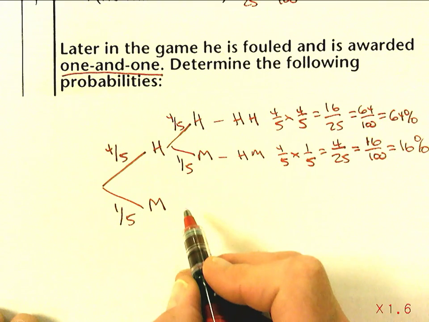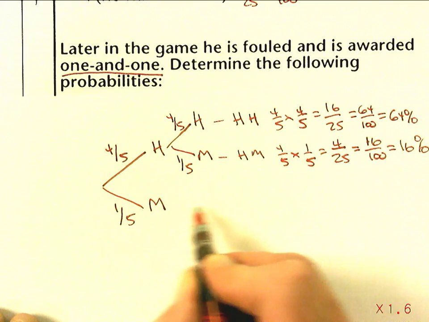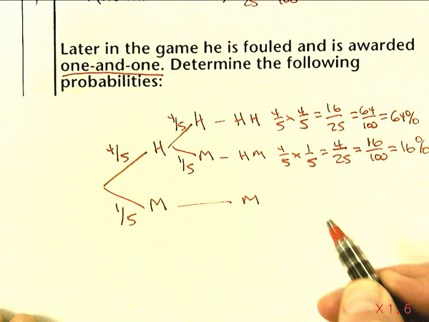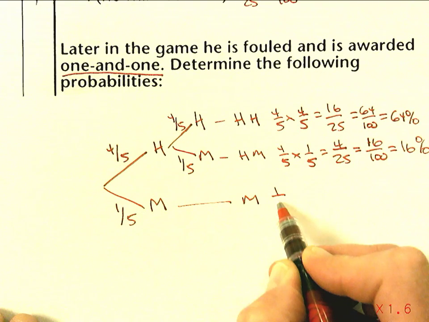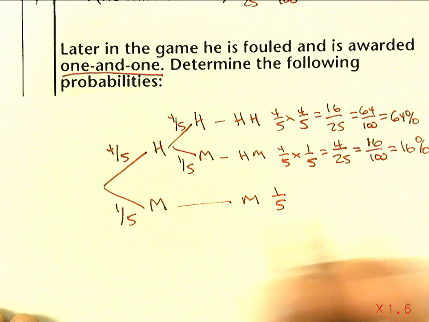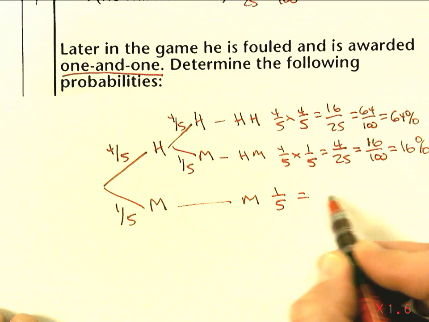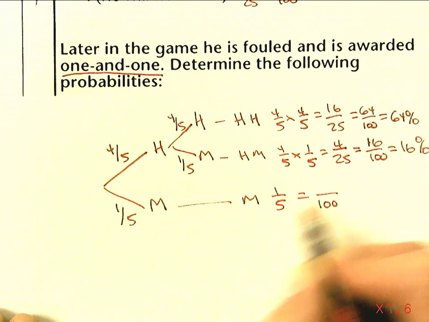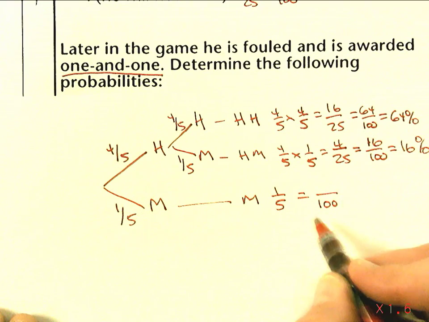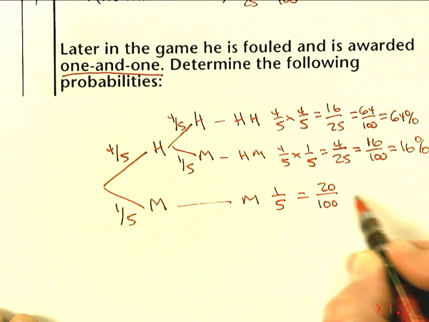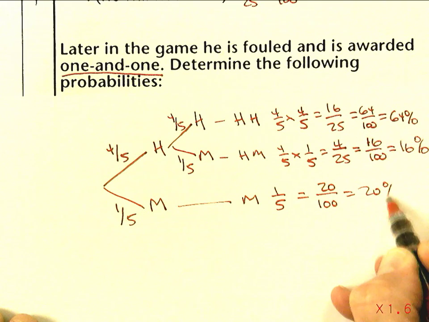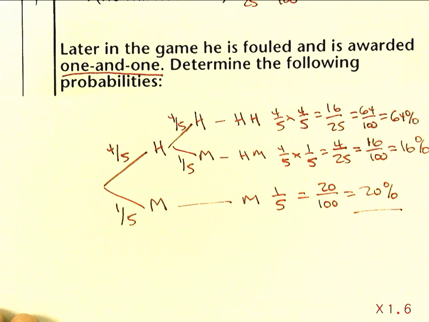But then this branch just ends, and so this scenario is just simply miss, which is 1/5 of the time he misses. And again, I can change that into a fraction out of 100. 1/5 times 20, so it's 20% of the time that you have that situation.